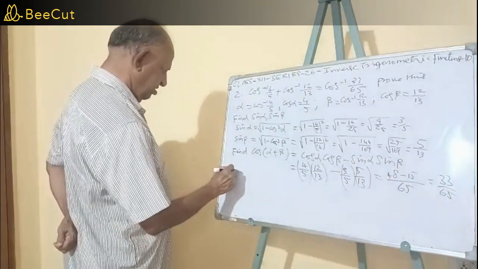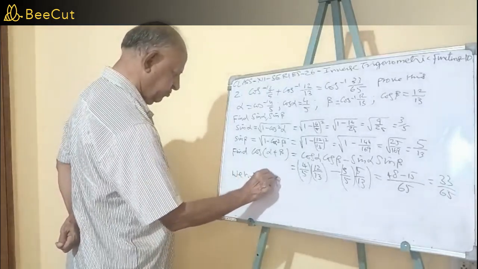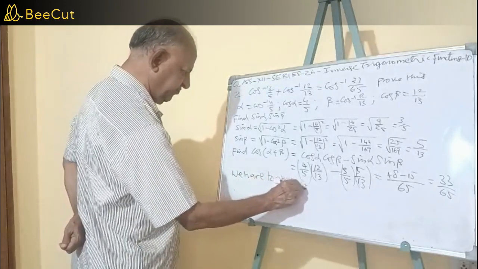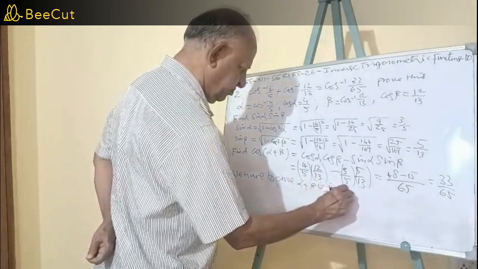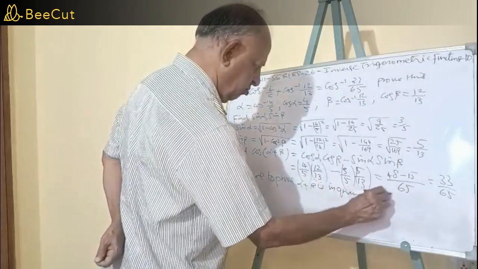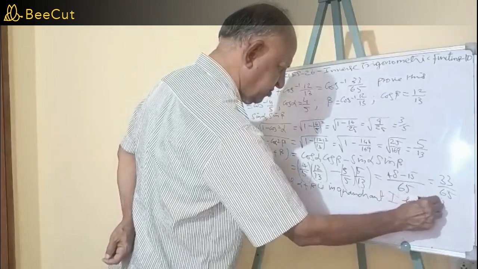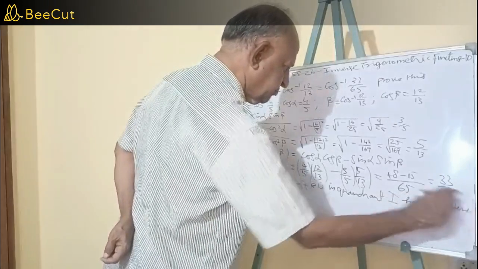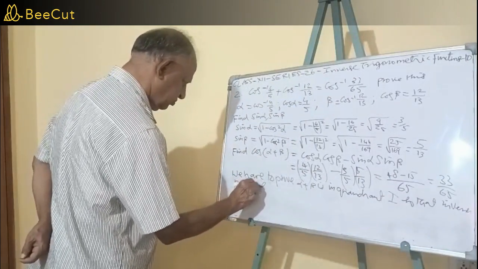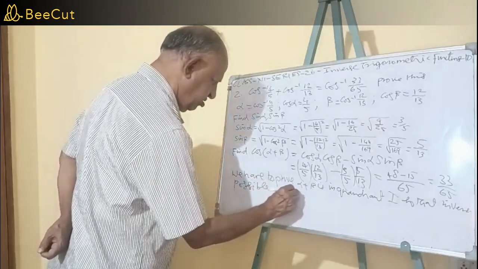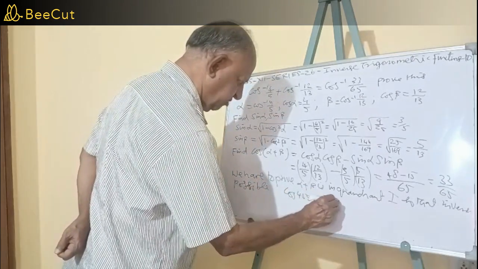Now we have to prove that alpha plus beta is in quadrant 1, so that we can take the inverse. You know that cos 45 degrees is equal to 0.7071.